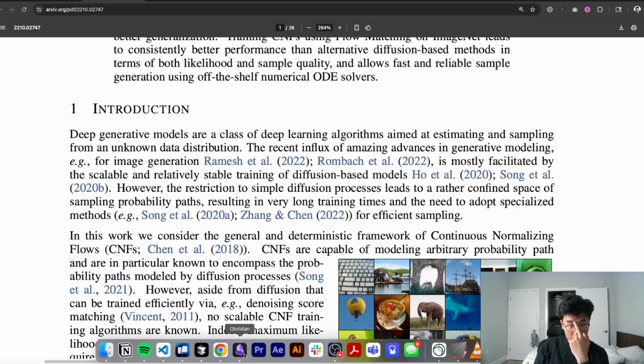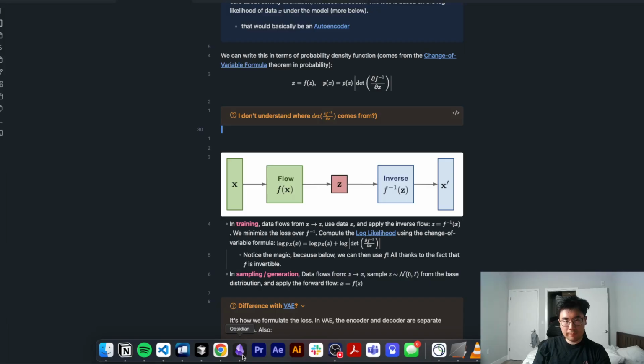And in normalizing flow, what we learn is an inverse mapping.